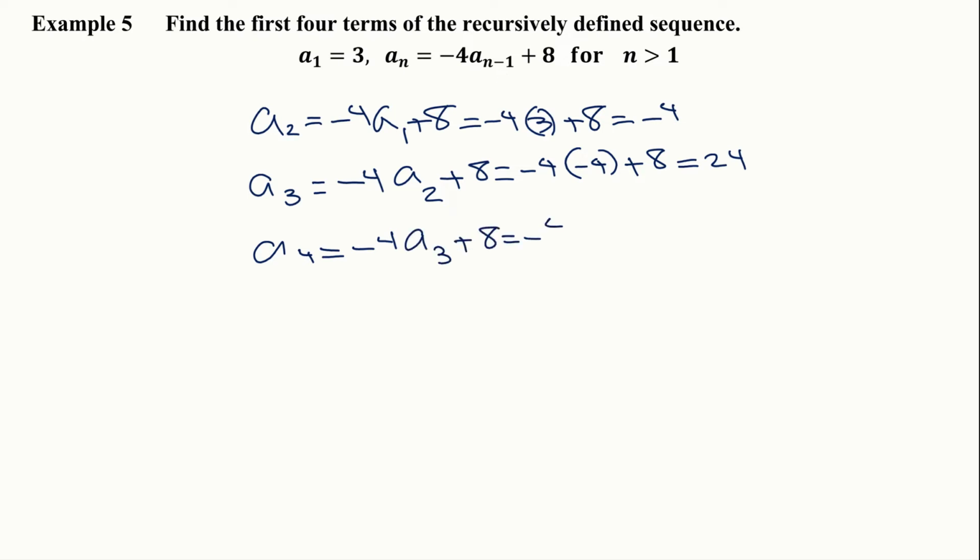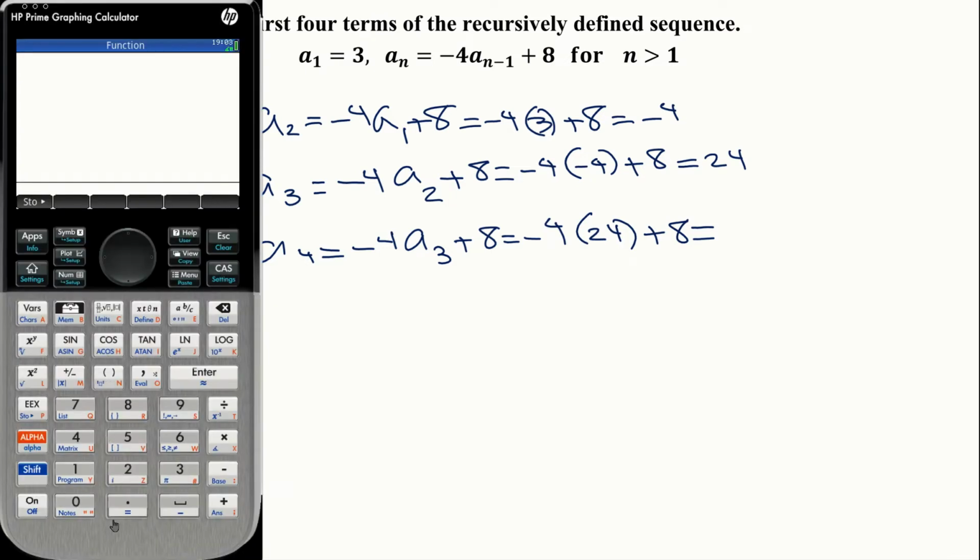So it's going to be negative 4 times, we know what a3 is. It's 24. And then plus 8. Now we'll just go ahead and calculate that. So negative 4 times 24 plus 8, negative 88.